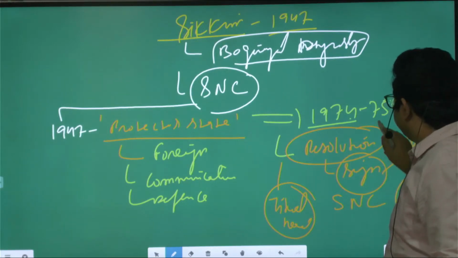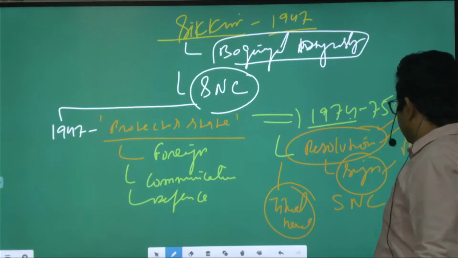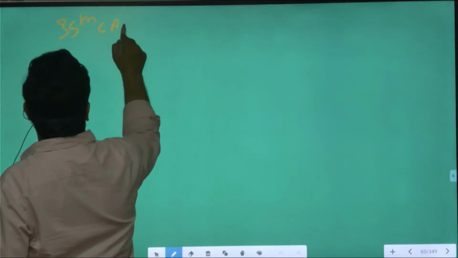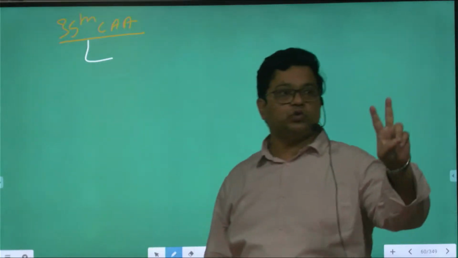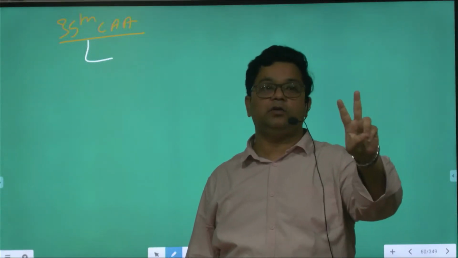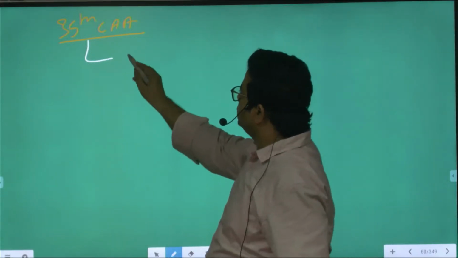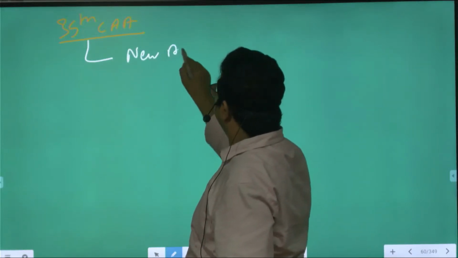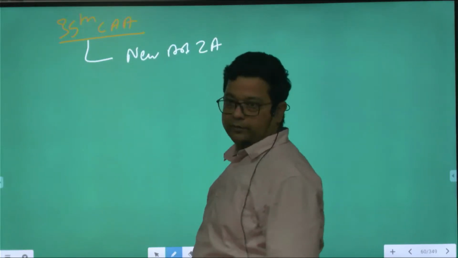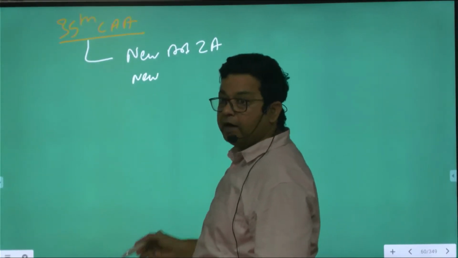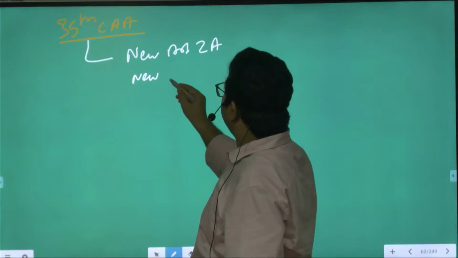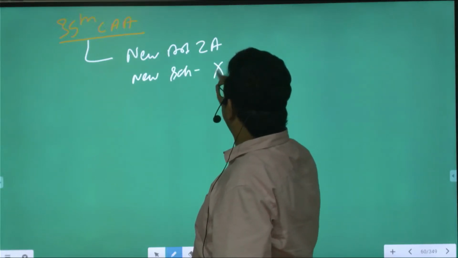So giving respect to these resolutions, the Indian government passed the 35th Constitutional Amendment Act, and by this act two changes were made to the Constitution. First, a new article added, 2A. Second, a new schedule added, that is the 10th schedule.